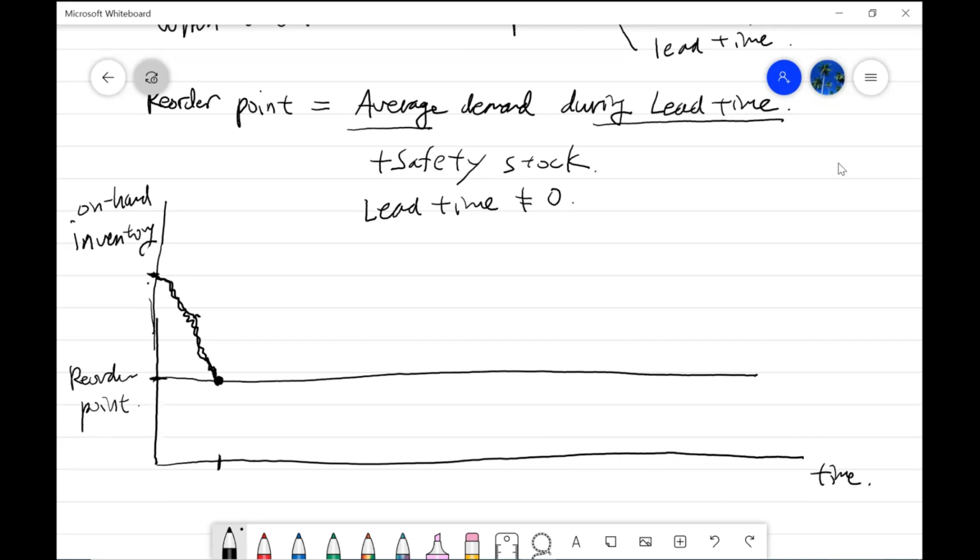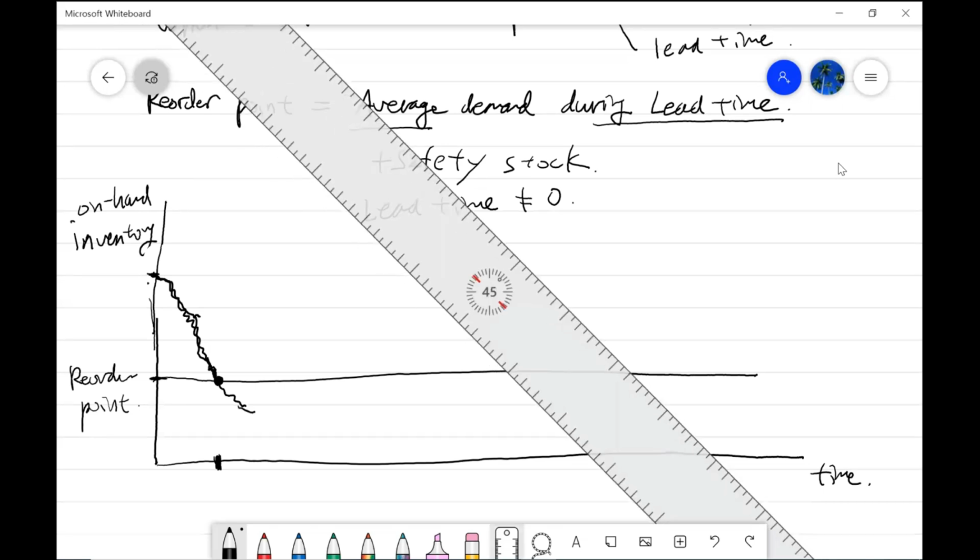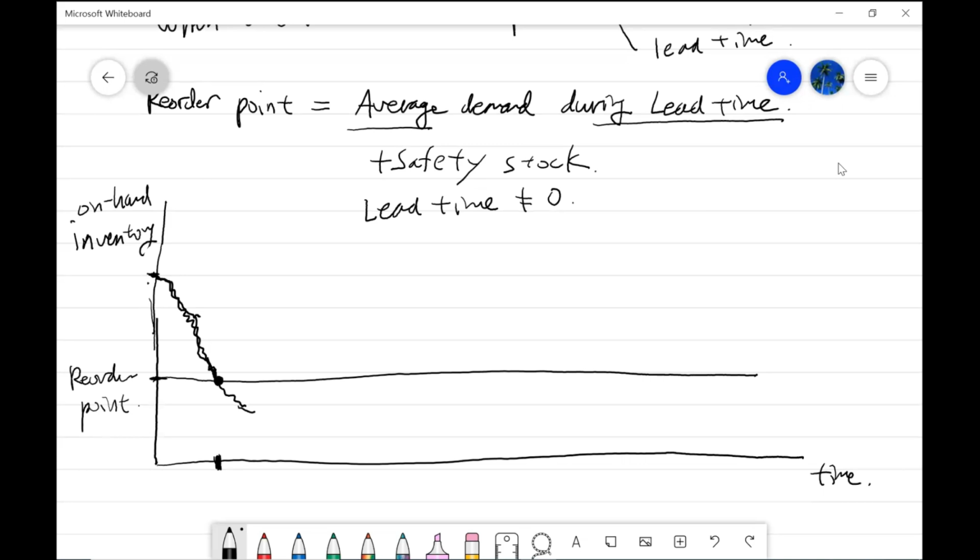So even though I placed an order, for some amount of product, there is an EOQ. When the inventory level hits the reorder point, the inventory level still doesn't change at all. It's not increasing. It's actually still decreasing. Why? Because during the lead time, demand still happens, and the inventory level keeps decreasing until the lead time is over. Let's say this is the lead time.